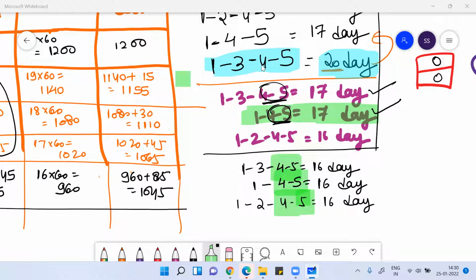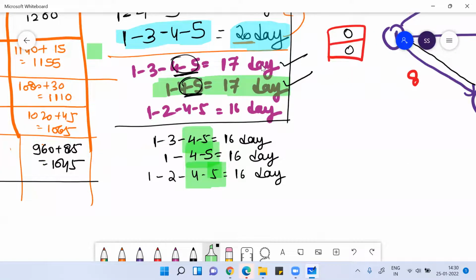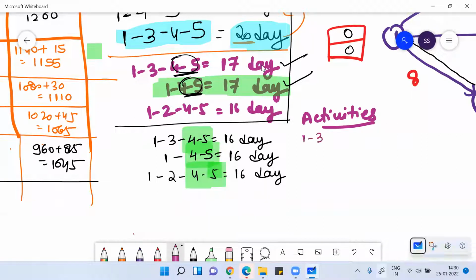If I see paths 1, 3, 4, 5, or 1, 2, 4, 5, or 1, 4, 5, what activities can I crash? Here I can crash 1 to 3 and 3 to 4, and here I can crash 1 to 2 and 2 to 4.